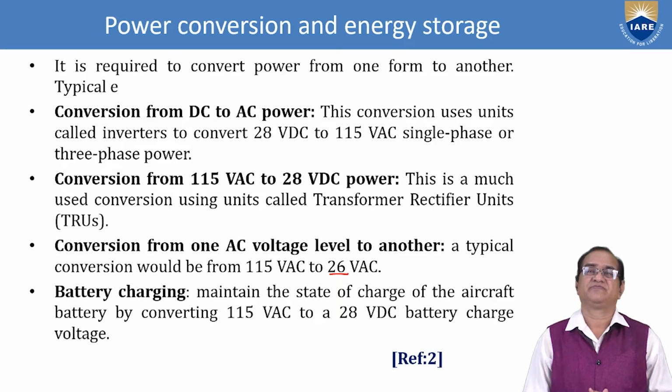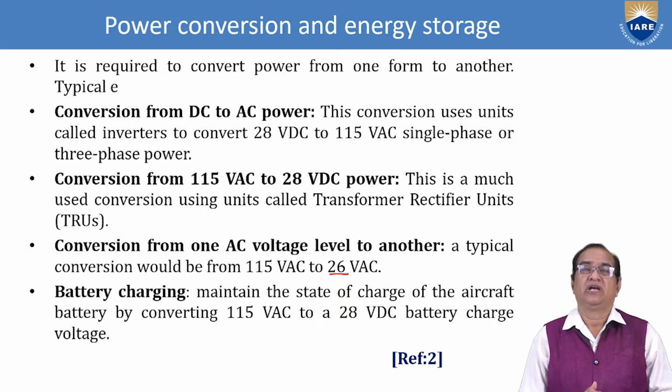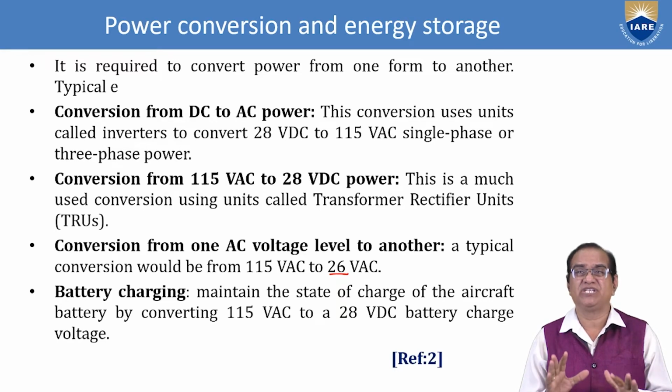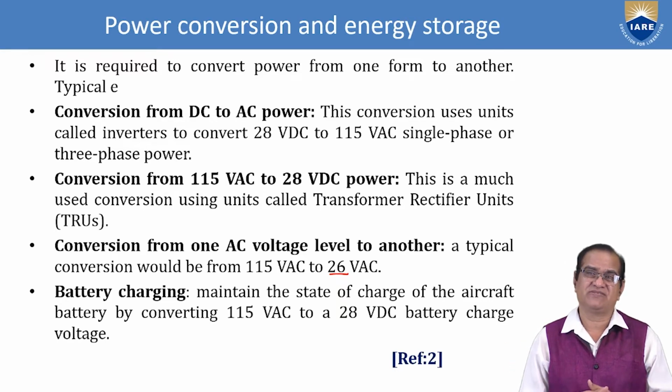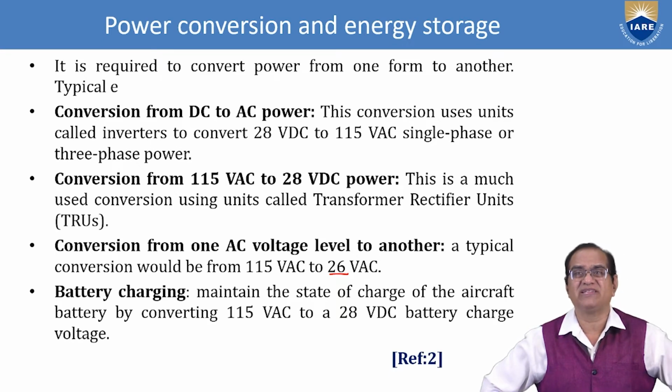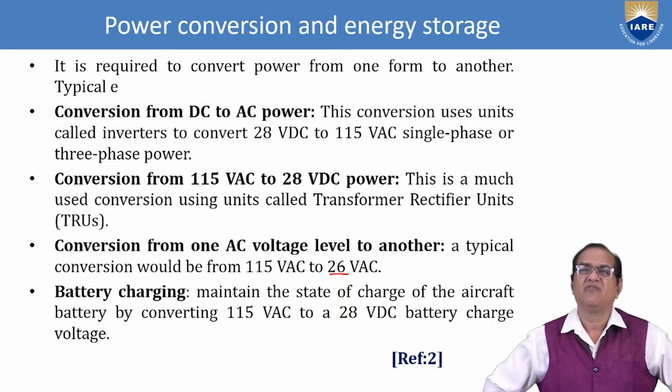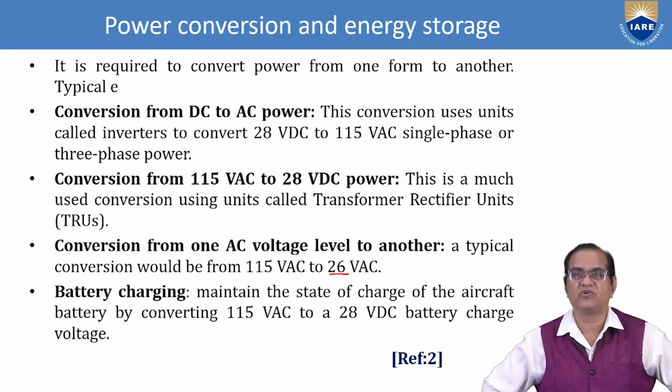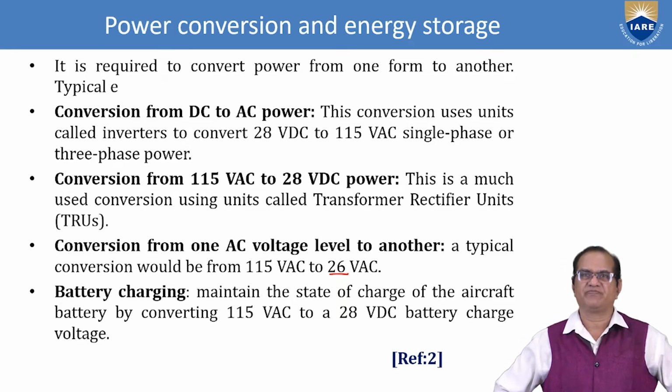From DC to AC power by conversion units: 28 volt DC to 115 volt AC single phase or three phase. Another conversion takes place by the transformer rectifier unit, which converts from 115 volt AC to 28 volt DC power.